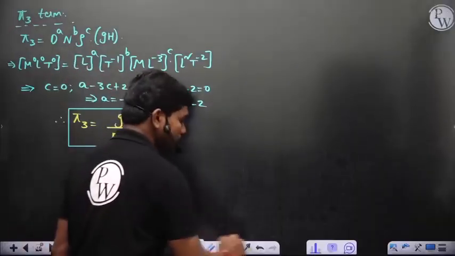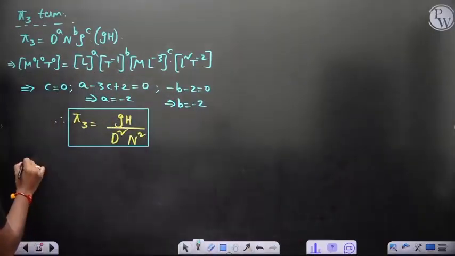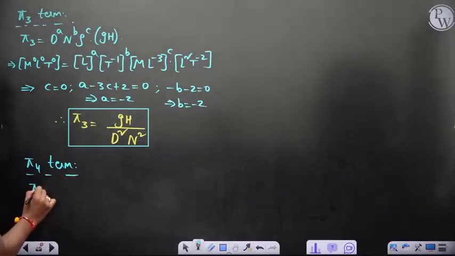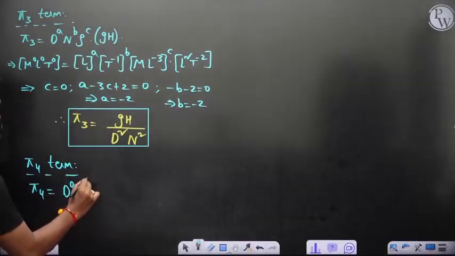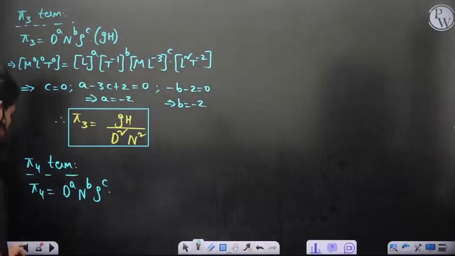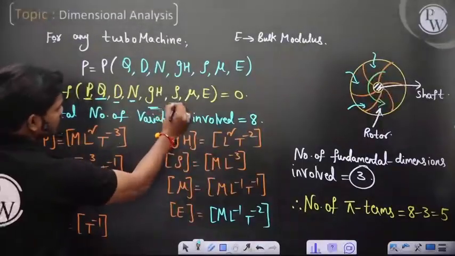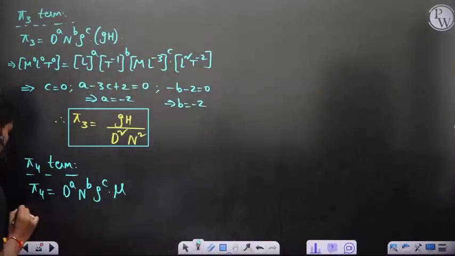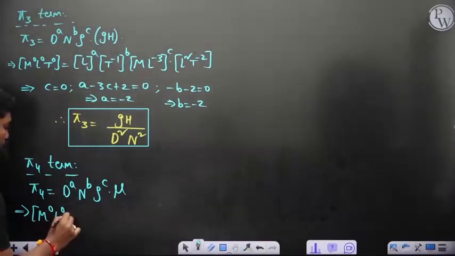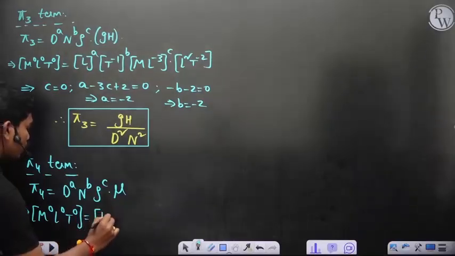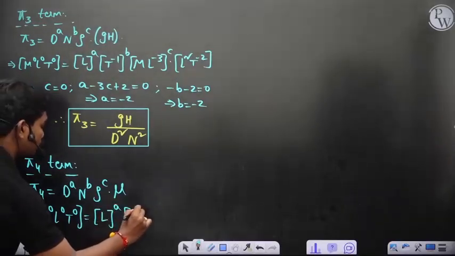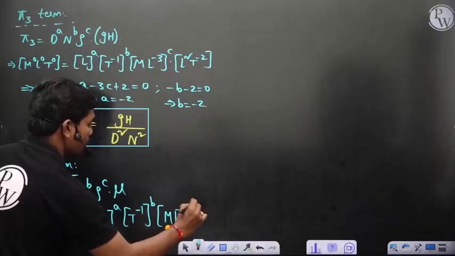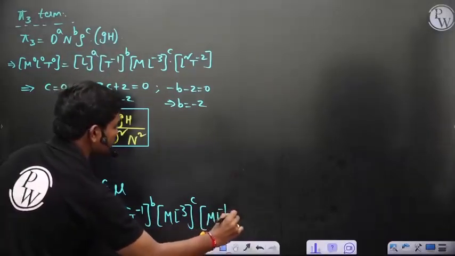So let's go for the 4th pi term. Let's calculate quickly. Pi 4 is equal to d power a n power b rho power c into, density is already taken, so dynamic viscosity mu. So m power 0, l power 0, t power 0 is equal to l power a t power minus 1 kg per meter cube into kg per meter second.